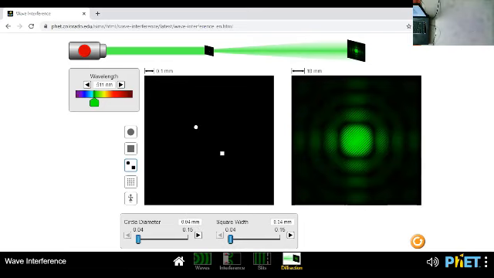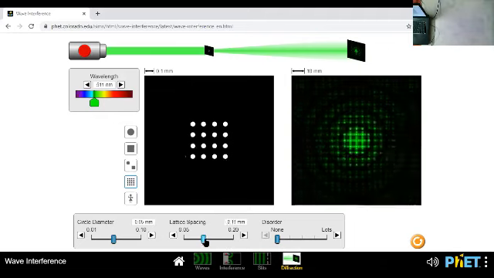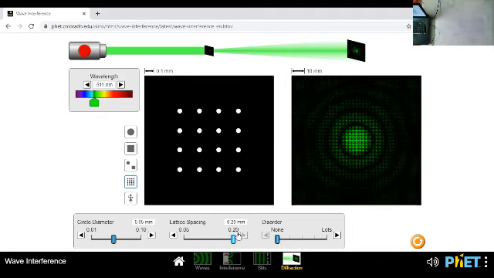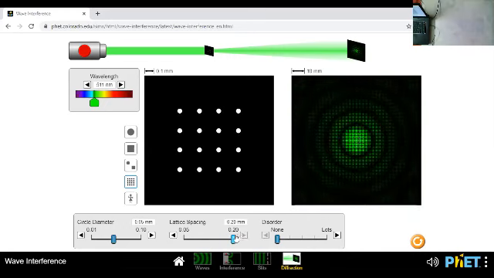For different things, I will show you right now. This is its pattern. Now there are so many holes at that time. When I change the spacing, this is all diffraction. If you observe clearly, we once again obtain a circular pattern when the multiple obstacles are separated by larger distances.